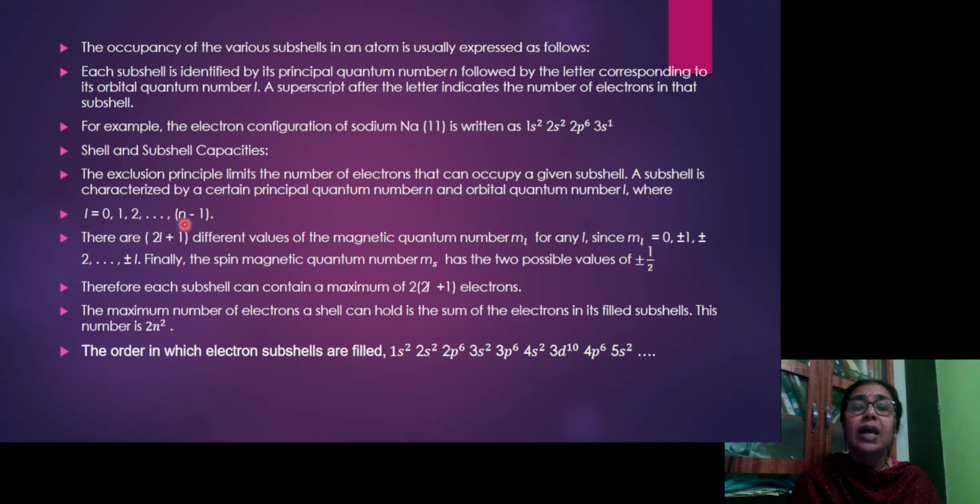So maximum there are n values possible for the orbital quantum number L. There are 2L plus 1 different values of magnetic quantum number ml for any L, since ml can take values 0, plus 1, minus 1, plus minus 2 up to plus minus L. And finally, the spin magnetic quantum number ms has two possible values, plus and minus half.